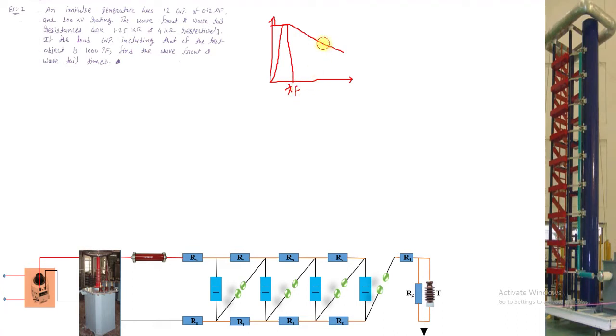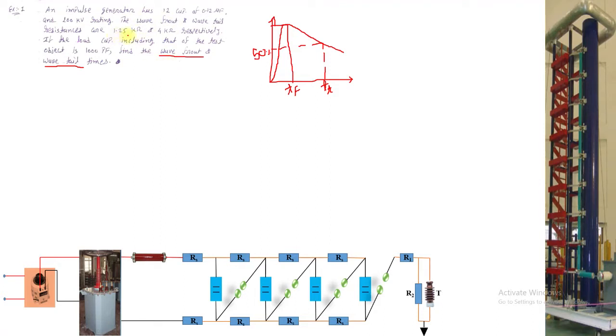And the time taken by the wave to attain 50% of peak magnitude, on the time axis, determines the tail time. So the time taken by the wave to attain 50% of peak magnitude is known as wave tail time. In our problem we need to calculate these two times of the wave shape generated by the available impulse voltage generator.